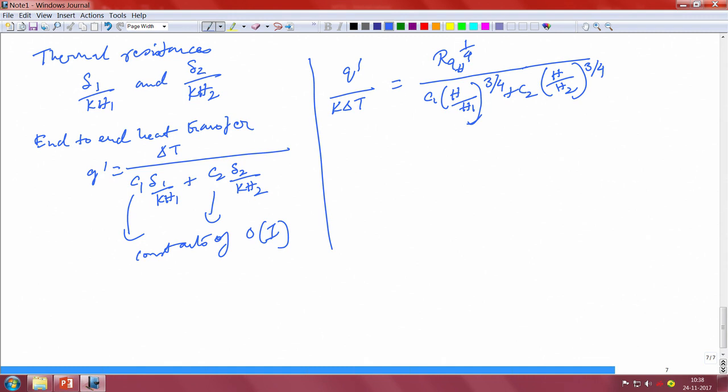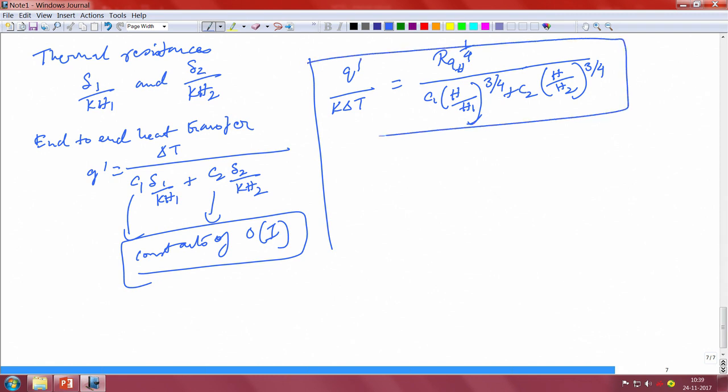So C1 and C2 are by definition constants of order 1. This heat transfer is cast in this particular non-dimensional form, where q prime by k delta T is given by this particular term over here. Now, looking at the figure, the previous figure.